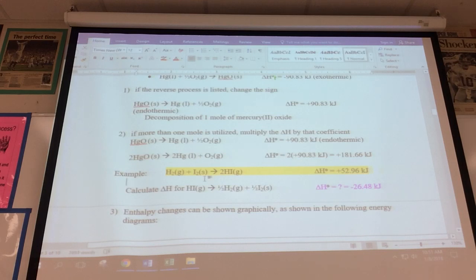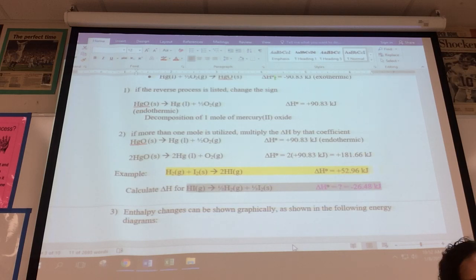And then in yellow is given, and how would you get this particular delta H? How did I get that value? What did I do? Divided by 2 and change the sign because it went from formation or at least synthesis to decomp. Pretty straightforward.